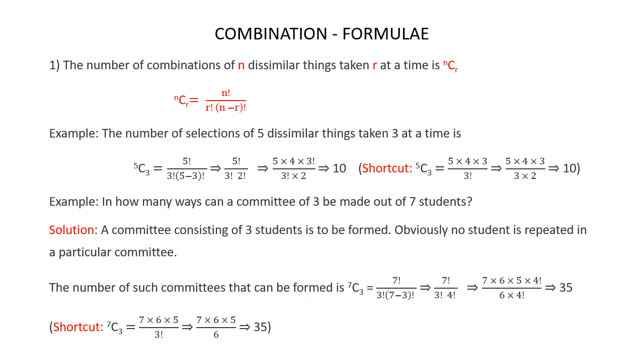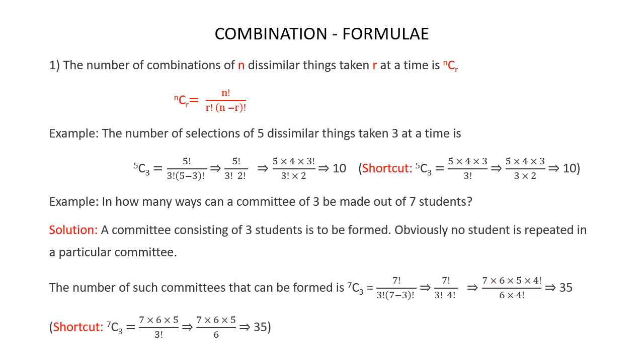Now according to the formula, 7C3 is equal to 7 factorial divided by 3 factorial multiplied by 7 minus 3 factorial. This is nothing but 7 factorial divided by 3 factorial multiplied by 4 factorial. Now 3 factorial is 6 and 7 factorial can be written as 7 multiplied by 6 multiplied by 5 multiplied by 4 factorial.